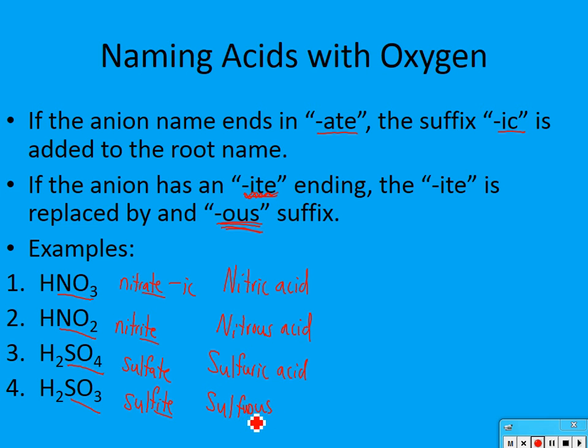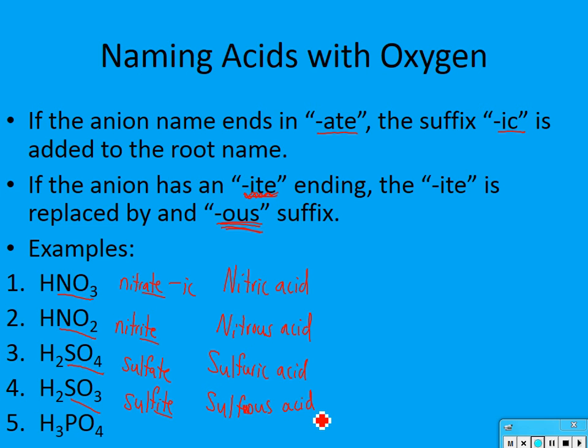Sulfurous acid. Sulfurous acid is what it would be changed to. And so naming acids is a little bit complicated. Just remember ate goes to what? Ic. Ate, ic. And ite goes to what? OUS.